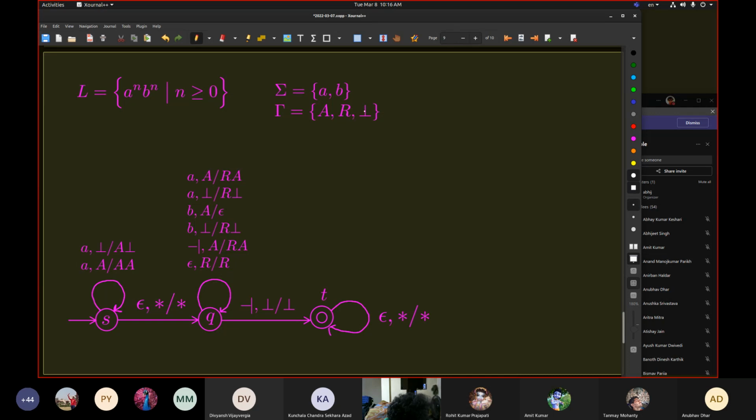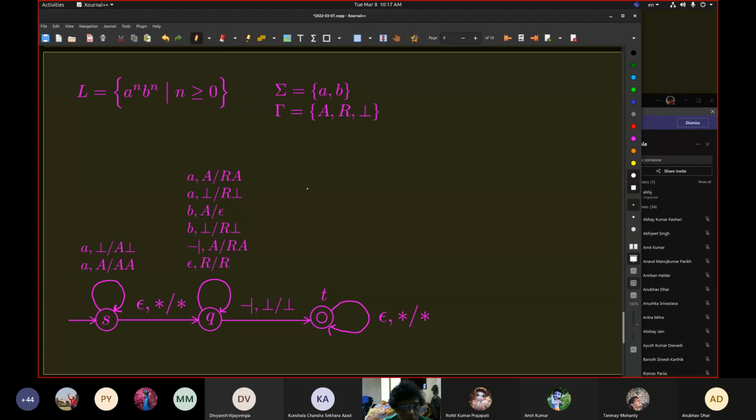And this is the bottom marker, which is never popped out. In addition to that, this stack uses a special symbol R standing for reject. If we see there is a problem in the input, this symbol R is pushed to the top of the stack, and after that, the machine will just enter a loop.